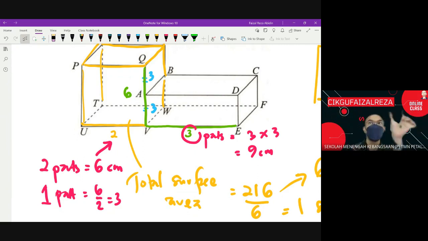Means that it's going to be 2 parts and 3 parts. We have found that for our cube, the length and the width is going to be 6 centimeter. So the relation between 2 parts for our ratio is equal to 6 centimeter. 1 part is 6 divided by 2, you are going to get 3 centimeter. If 2 parts equal to 6 centimeter, 1 part is 3, because I want to find the 3 parts for our cuboid, for our VE there.